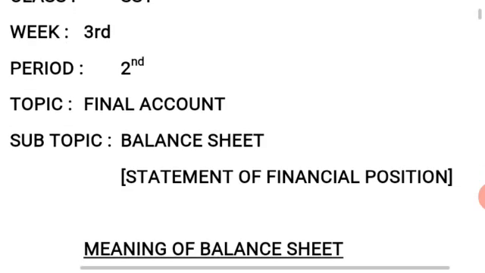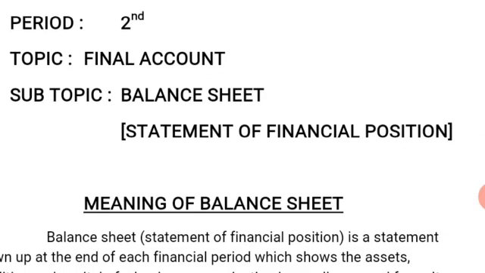Also, we have looked at the profit and loss account, where we are able to determine the net profit or loss of a business as at a particular period in time.